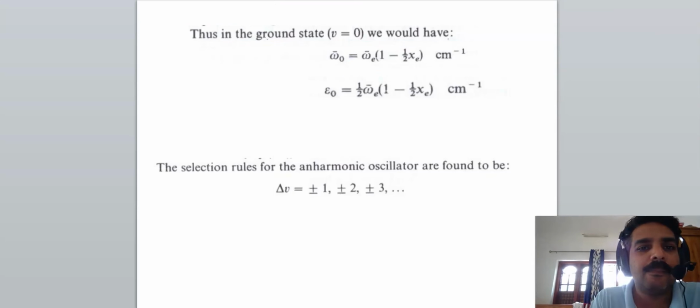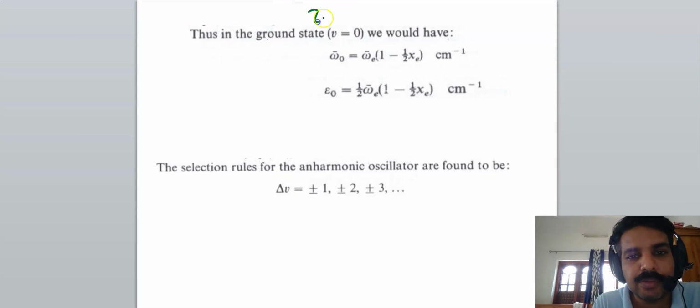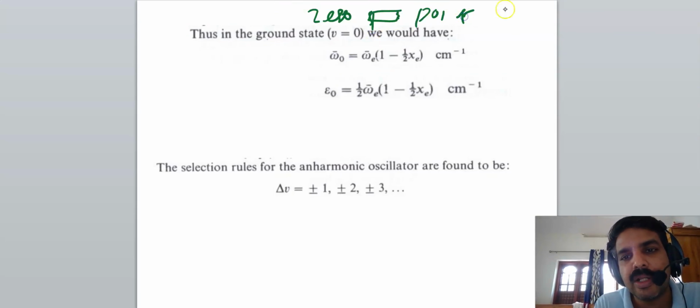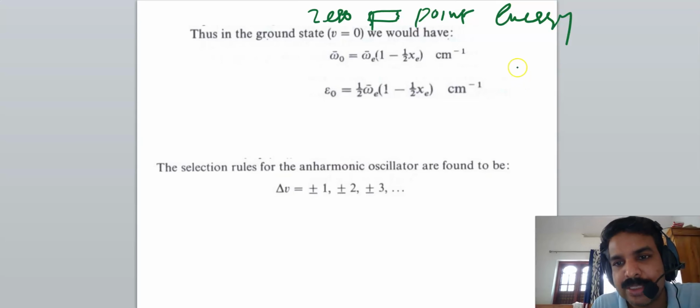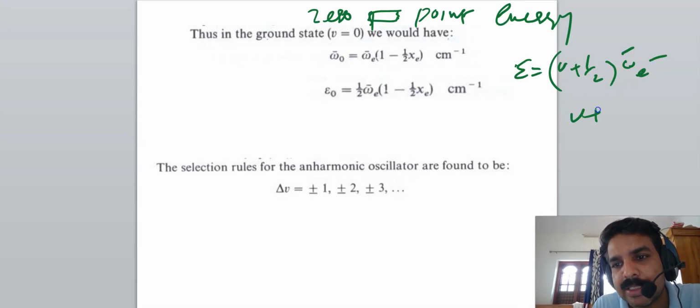Now the zero point energy. What is the zero point energy of the anharmonic oscillator? Our equation is E = (v + 1/2) omega bar e minus (v + 1/2) squared omega bar e x_e.